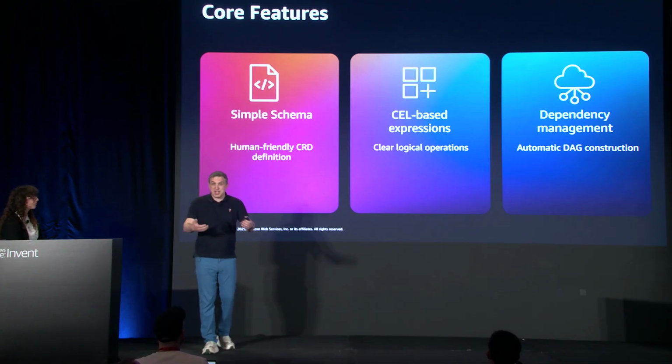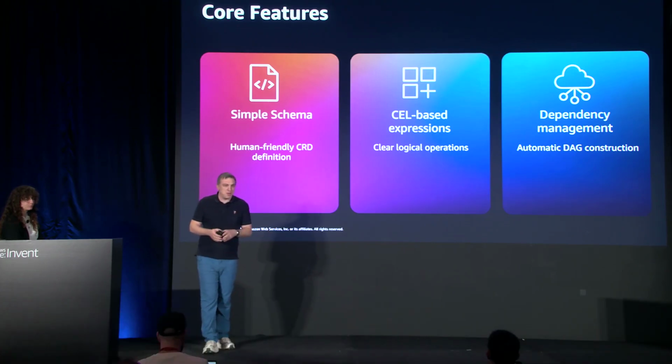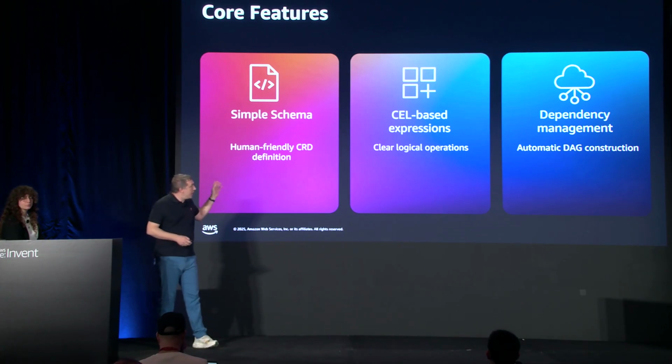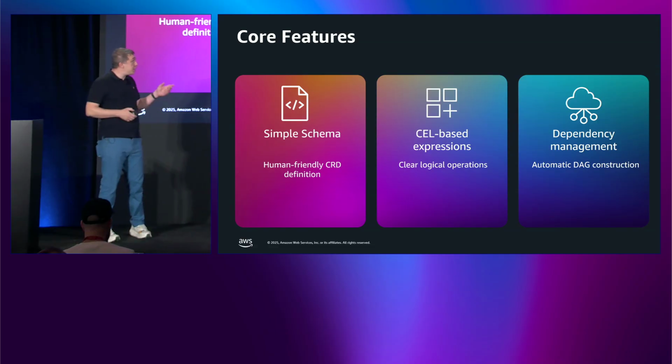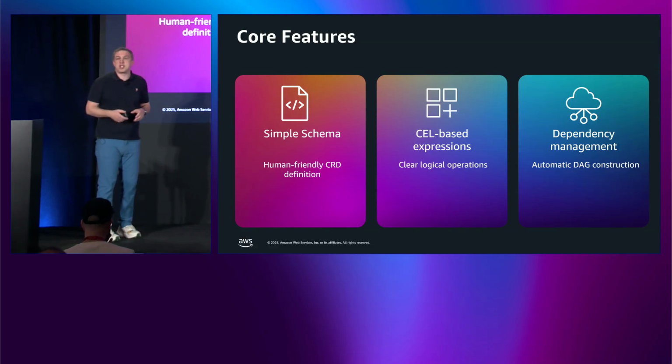But for you as end users, this simple schema is much easier. If you have experience with OpenAPI v3 schemas, you know it's far from human-friendly to read. Another one is that Crow incorporates CEL for defining logical operations. And this is the same expression language that Kubernetes itself uses, for example, for webhooks.